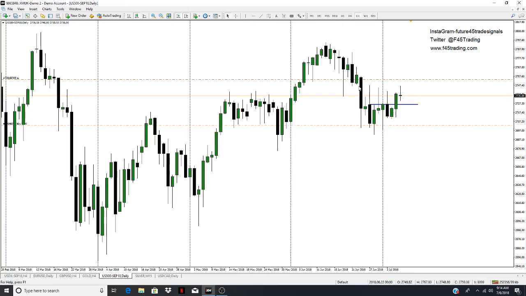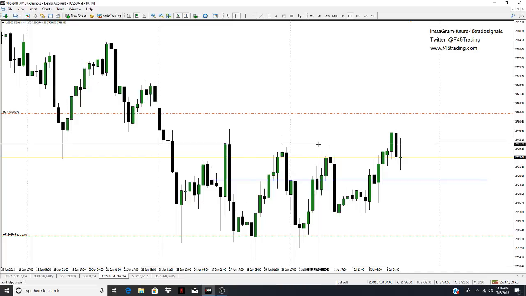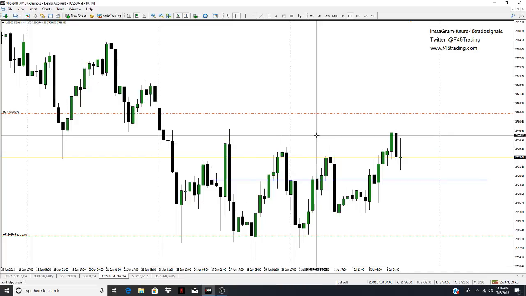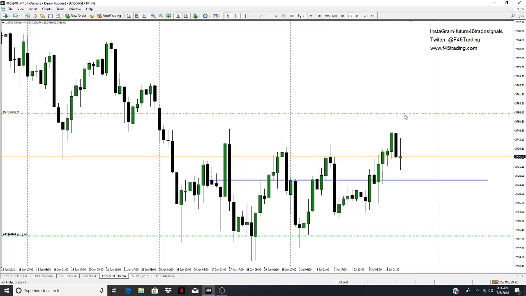It hasn't gone anywhere real fast. And we finally took out this high and this high. This high didn't quite get hit yet, but I think we got another push up. So I think our profit target at the 27.54 level is still good.